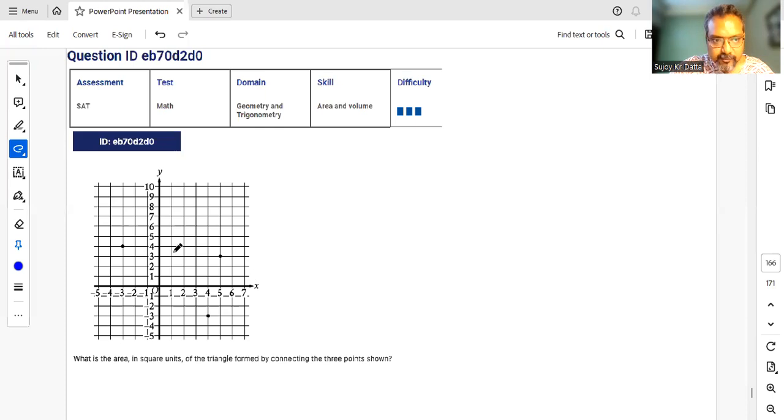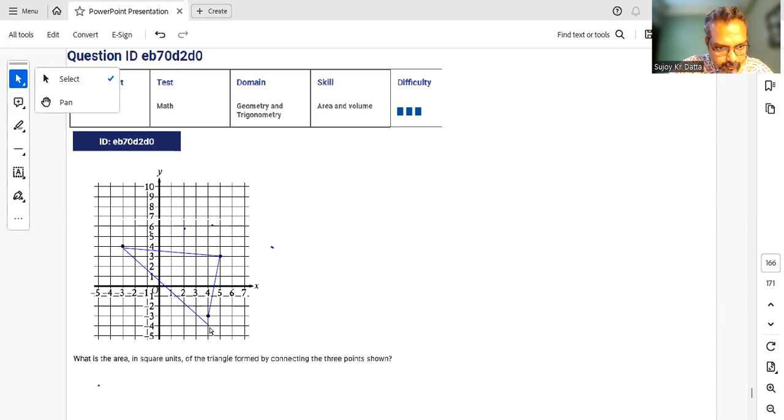What is the area of the triangle formed by connecting the 3 points? Let us join them and see what we get. So we have got a line. One more there, and let's draw one last. So we need to figure out the area of this.